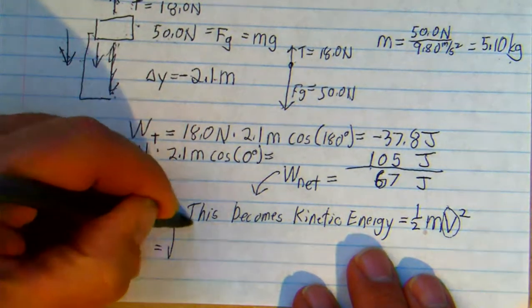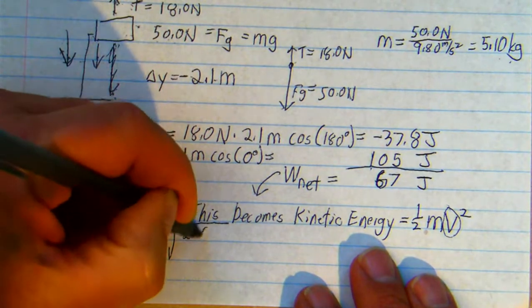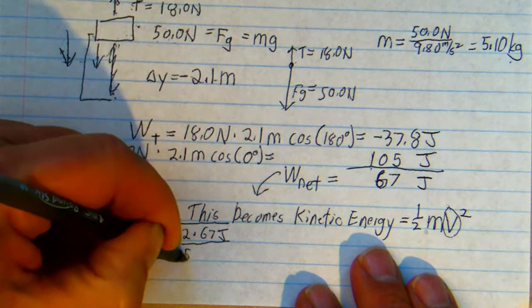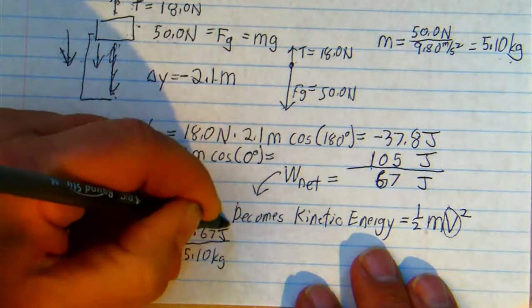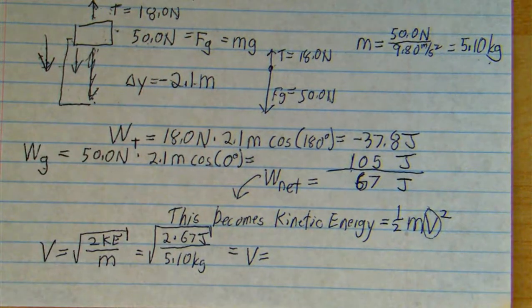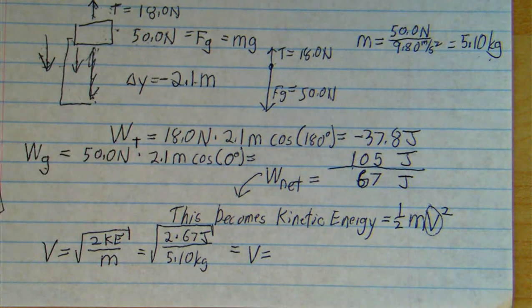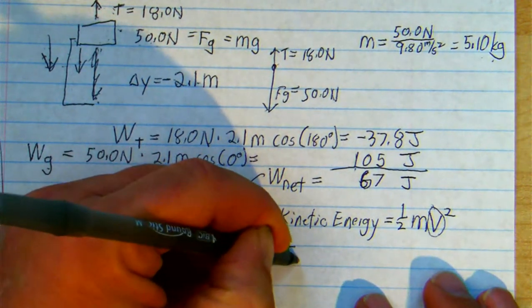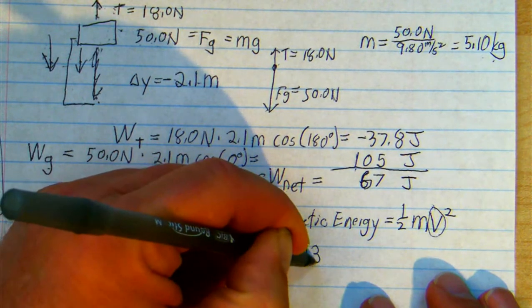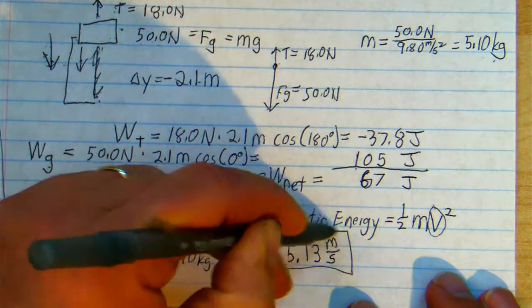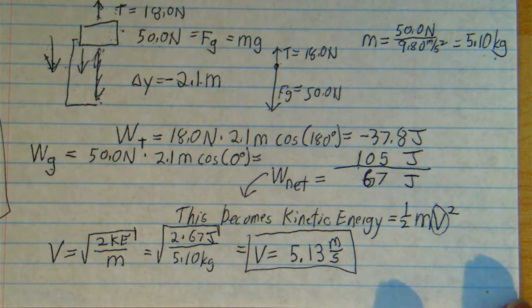So that's going to be 2 times 67 joules divided by 5.10 kilograms, then take the square root of that. Okay, so in agreement with some of my students, I get a value of 5.13 meters per second. That's the speed that this block is moving at the end of this problem.